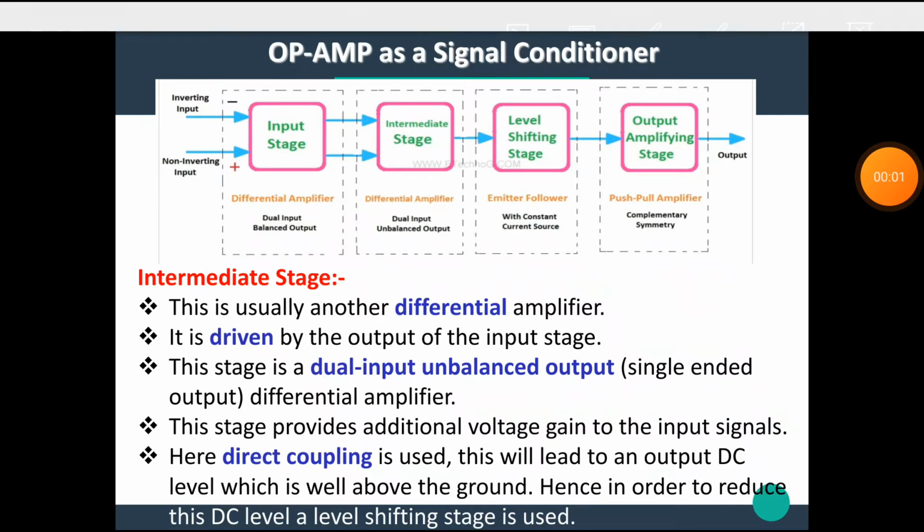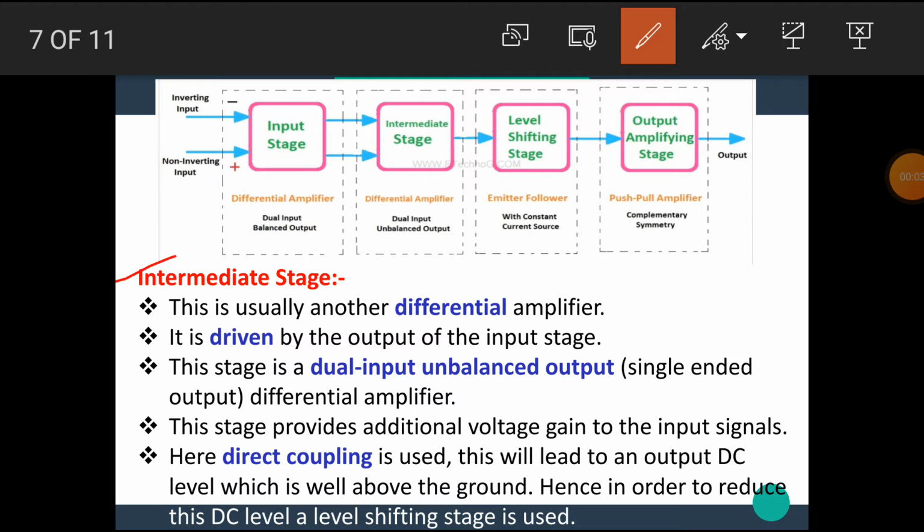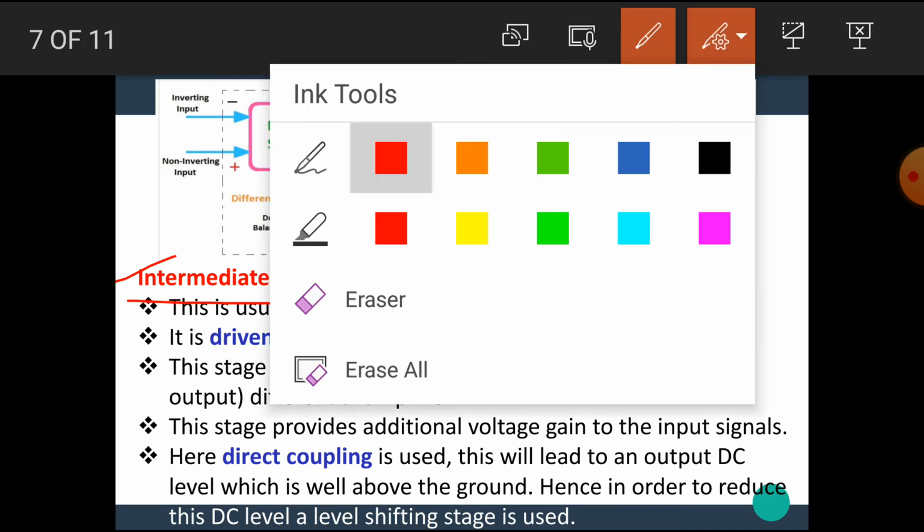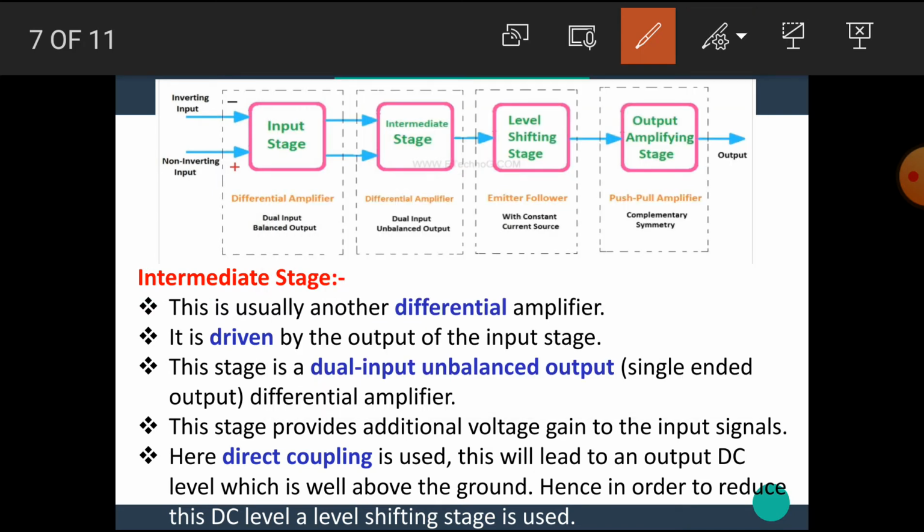Let's see the second block of the op-amp, named the intermediate stage. This is the intermediate stage or second block of the op-amp. This is usually another differential amplifier like the first differential amplifier. It is driven by the output of the input stage. The stage is dual input unbalanced output, that is, a single-ended output differential amplifier.